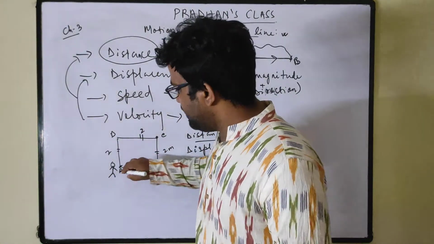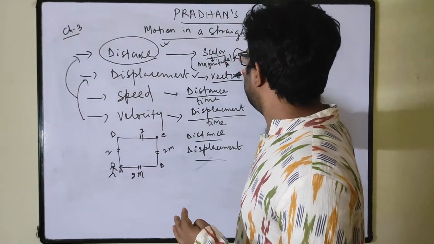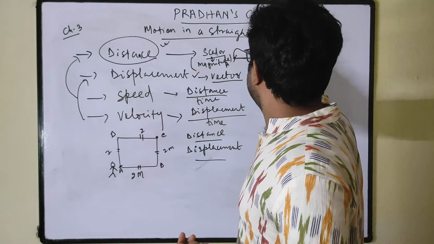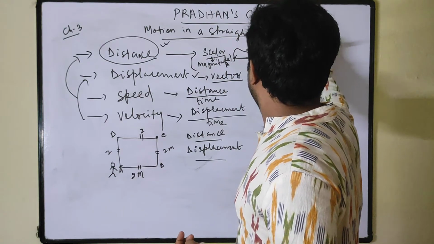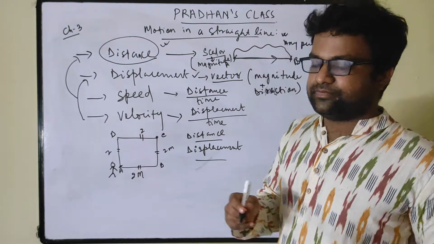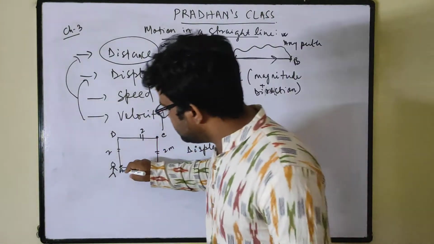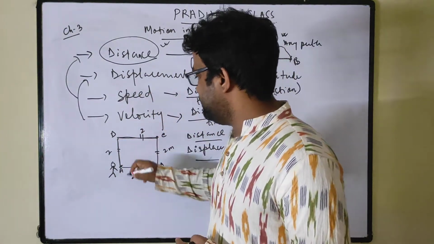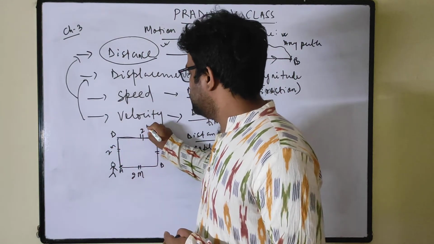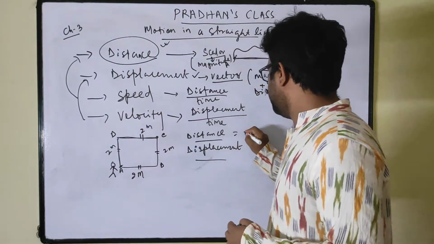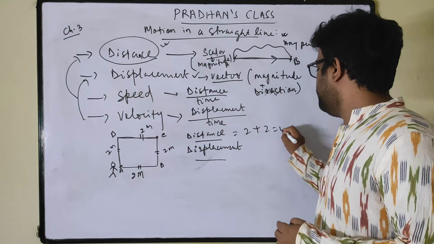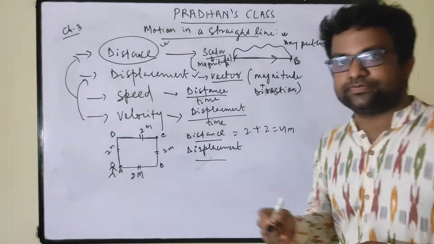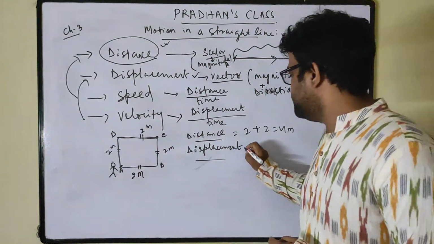Distance, from the definition itself, is any path taken by the object. Now here, any path means he has taken A to D, then he moved D to C, right? So this is 2 meter, this is 2 meter, so distance will be 2 plus 2, 4 meter. Yes. Now displacement.